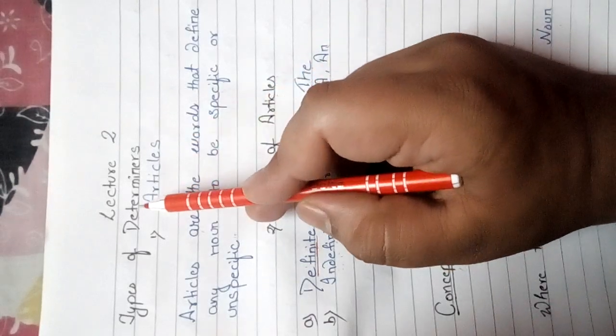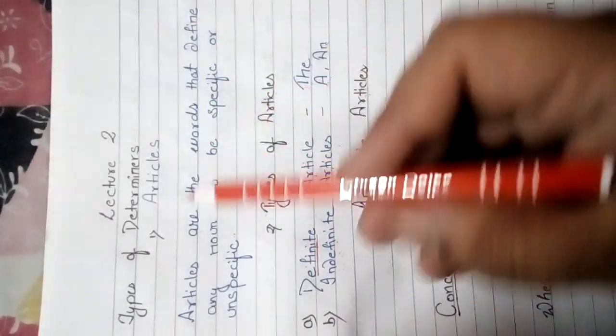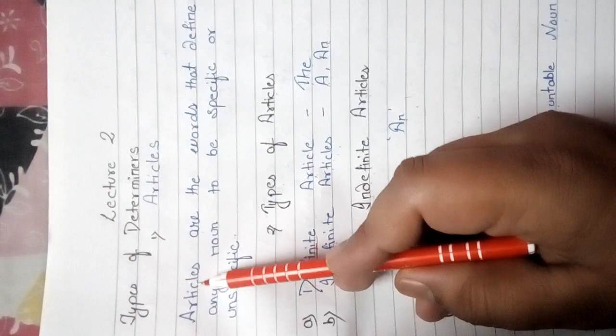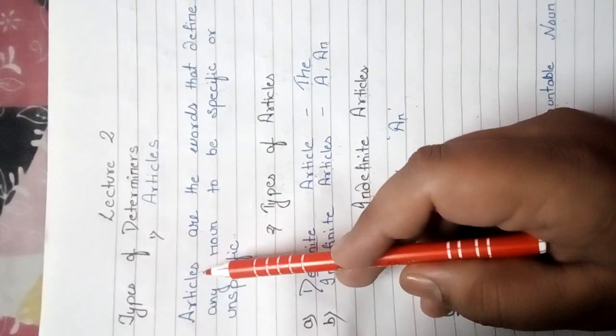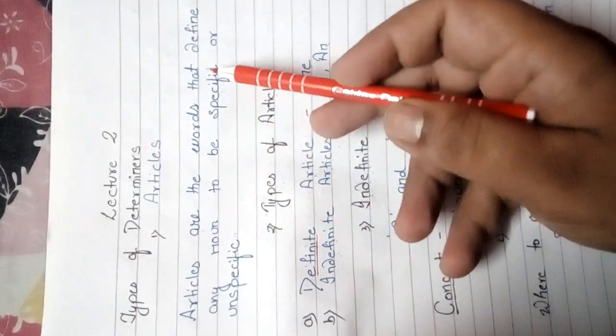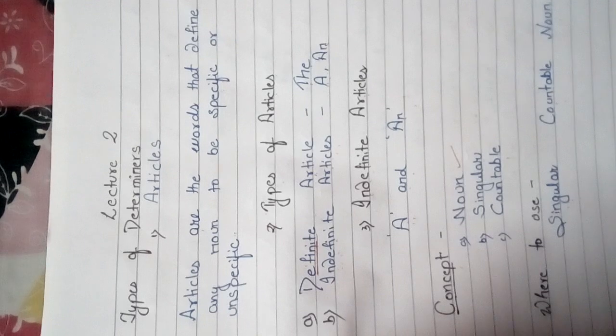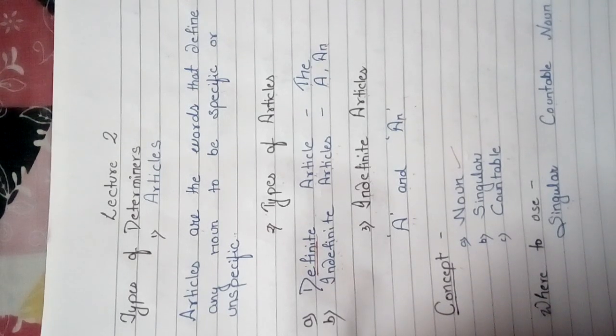Article is a topic that you are very familiar with. So let us come to the definition of the article. What are the uses of article? Articles are the words that define any noun to be specific or unspecific. In a very clear way, when we use articles in front of any noun, it gives a message whether the noun being discussed in the sentence is special or unspecial.